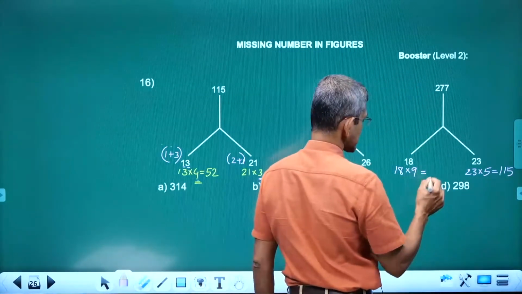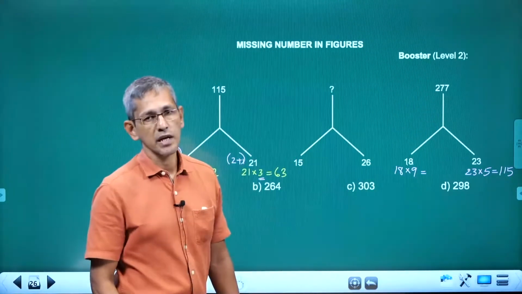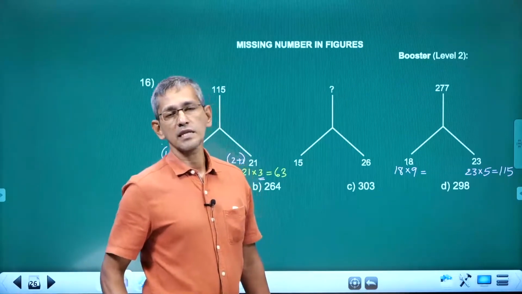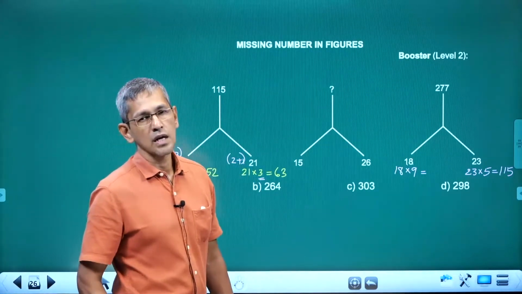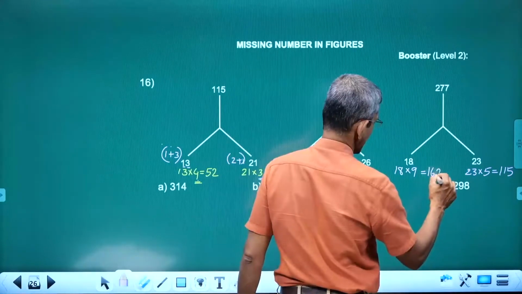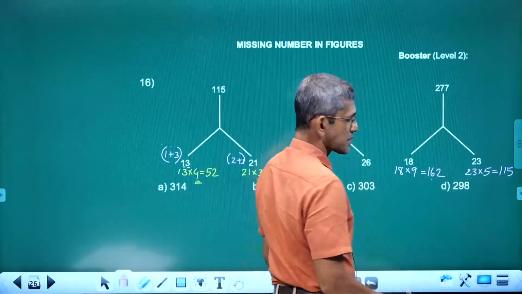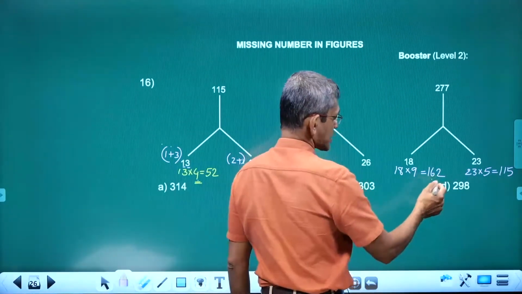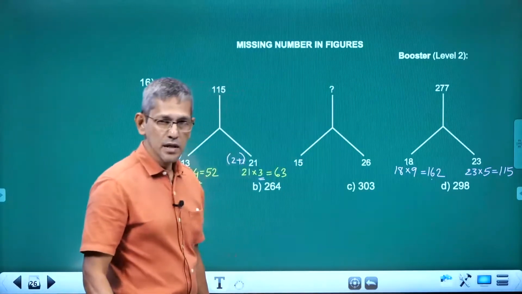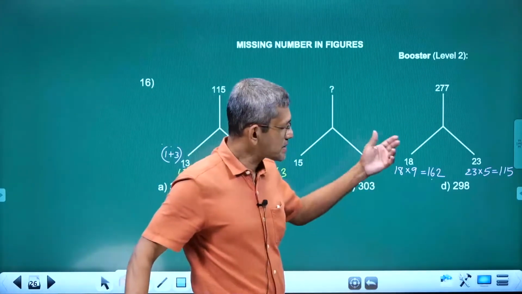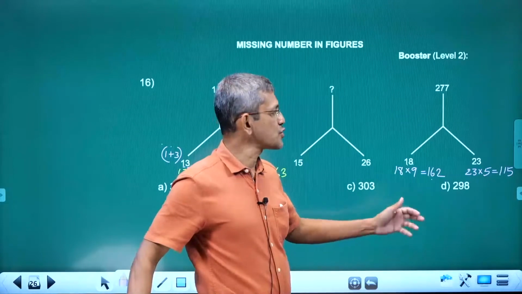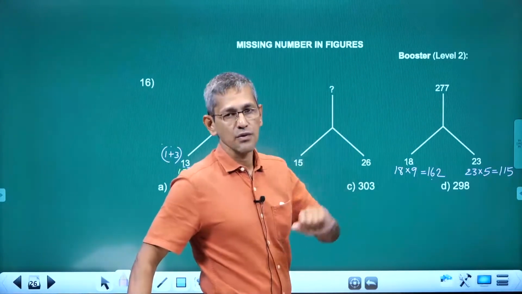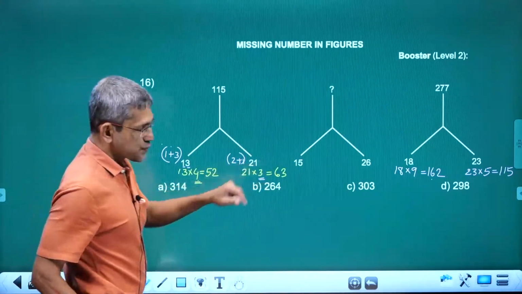And 18 into 9: actually, 18 into 10 is 180. 180 minus 18 is 162. So 162 plus 115. 162 plus 100 is 262. 262 plus 10 is 272. 272 plus 5 is 277. Perfectly all right.